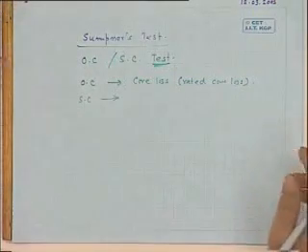Similarly, during the short circuit test, what you do is this: one side of the transformer is kept shorted, and on the other side you apply an appropriate voltage so that rated current flows. Rated current flows in both the primary and secondary in order to balance the MMF and keep the core flux the same.